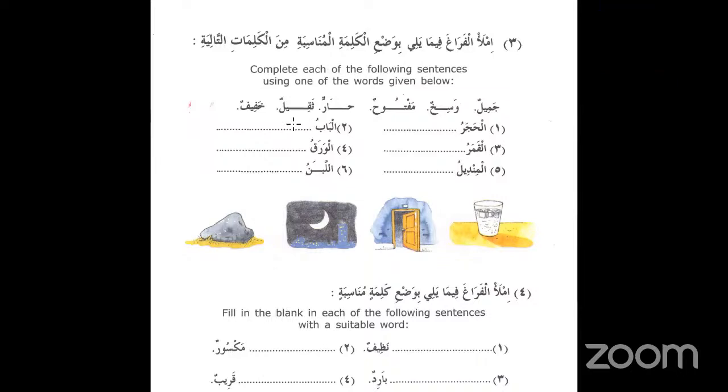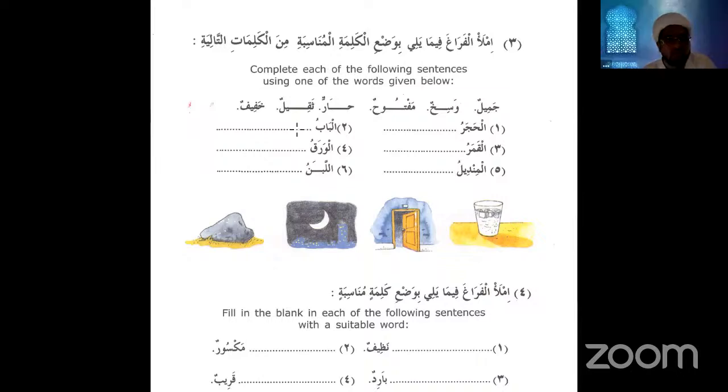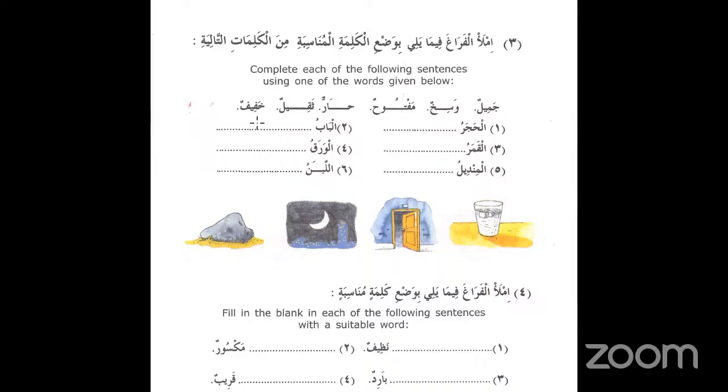Thaqilun means heavy, and khafifun means light. Remember, Rasulullah sallallahu alaihi wasallam said, inni tarikun fikum ath-thaqalayn. Thaqalayn, two weighty things. And thaqil is a root word. That's a good way of remembering, okay?